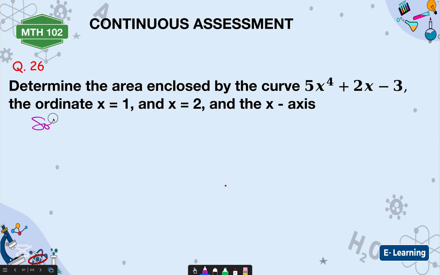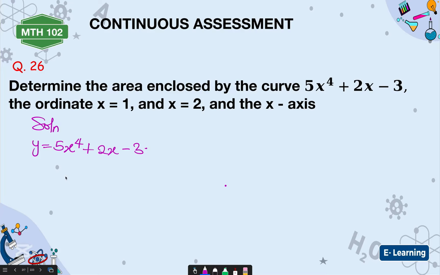Now, solution. The curve that was given to you is y = 5x^4 + 2x - 3. The ordinates x = 1 and x = 2, and the x axis. Now, if you are given something like this, how do you solve it?